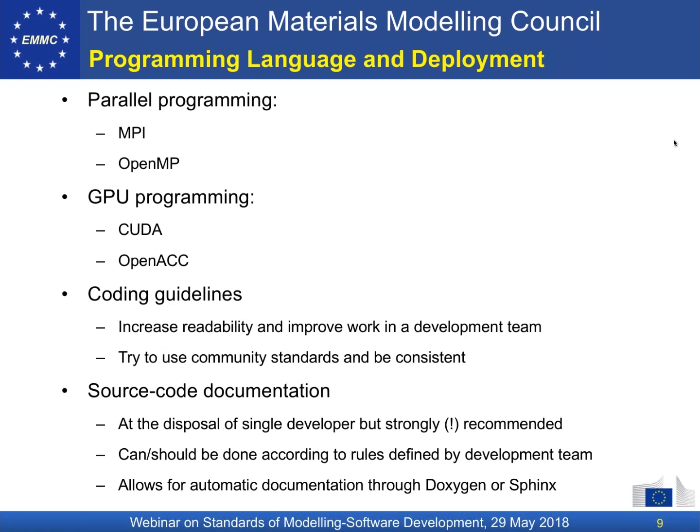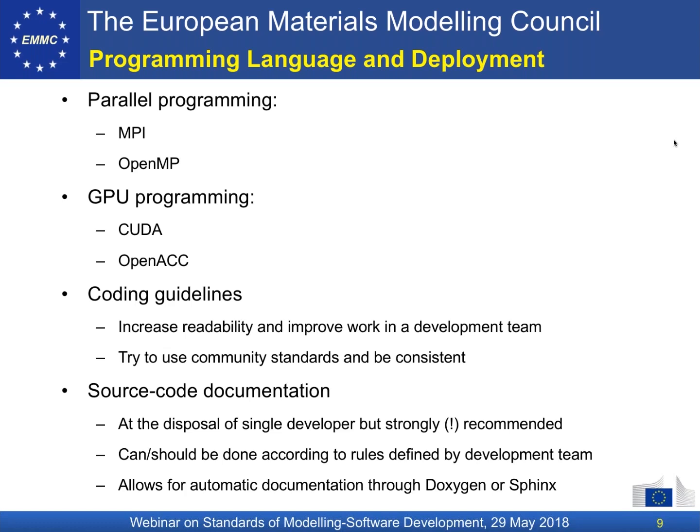Okay, there are two more, let's say, hot topics which we want to put some emphasis on, and these are coding guidelines and source code documentation. Coding guidelines are especially important if you work in a team, because other team members may start from code you have created, and for that reason everybody in the team needs to be consistent with the standards used by the team.